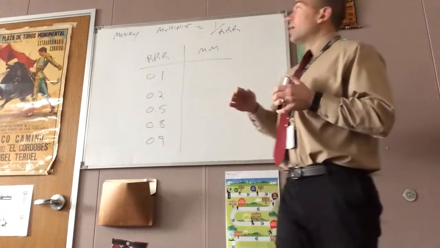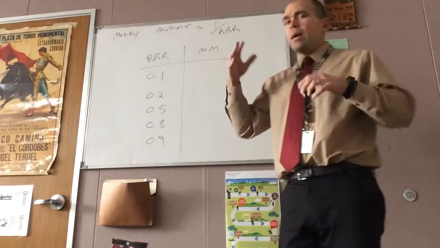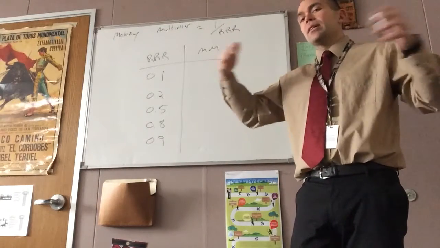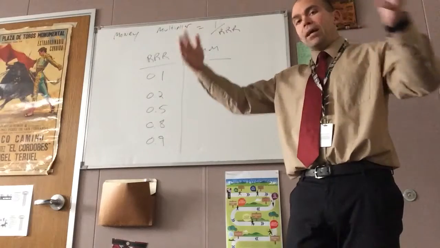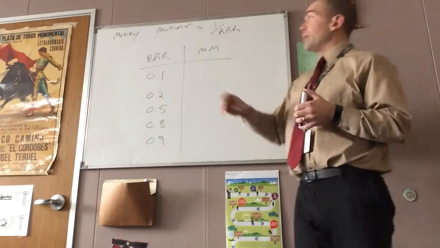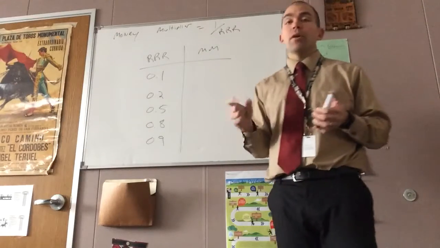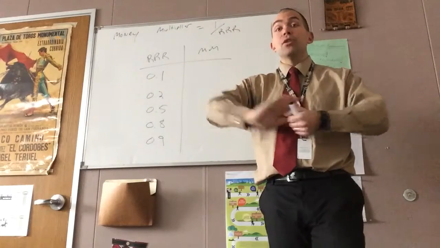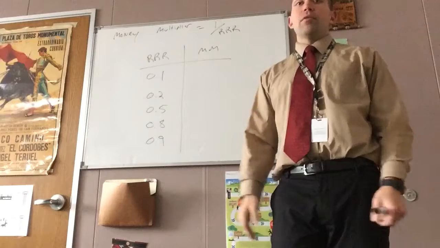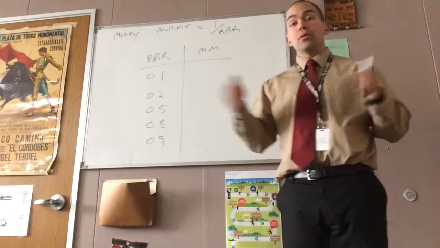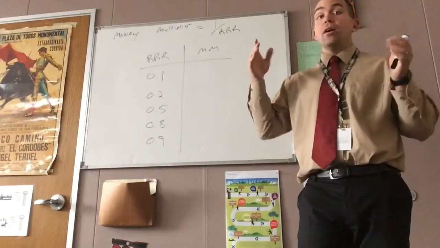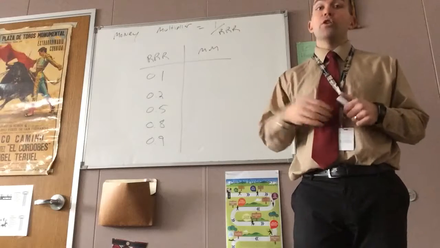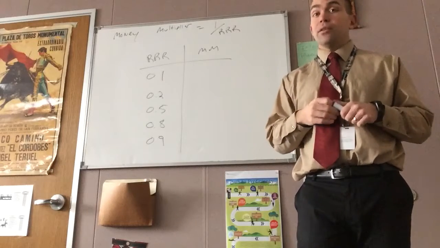We do a little game where we play around with this, but the idea is, if you're required to reserve less, then that allows you to multiply the money more. If you're required to reserve more, you multiply the money less. Like I said, if your required reserve ratio was 100%, you couldn't multiply at all.